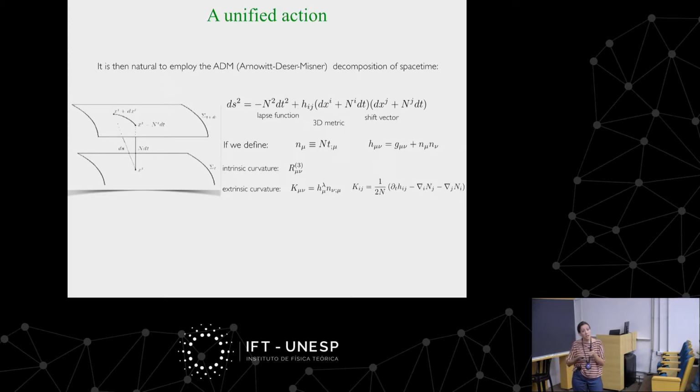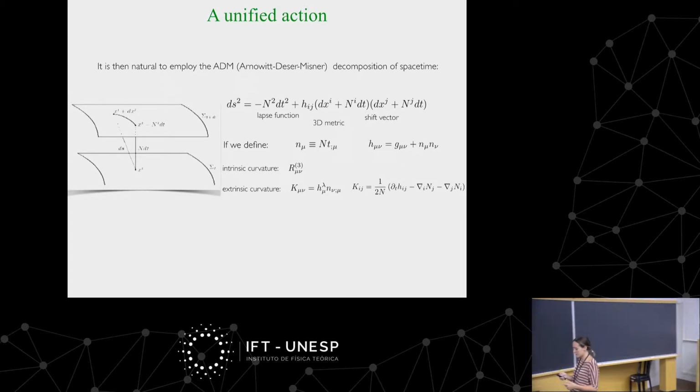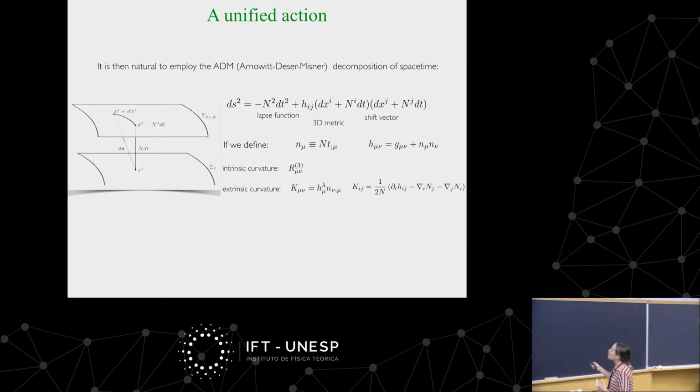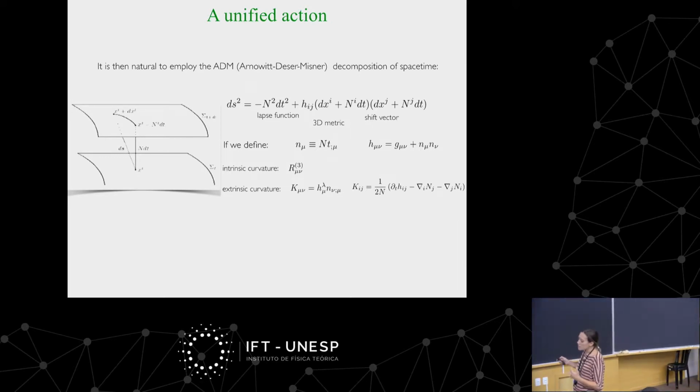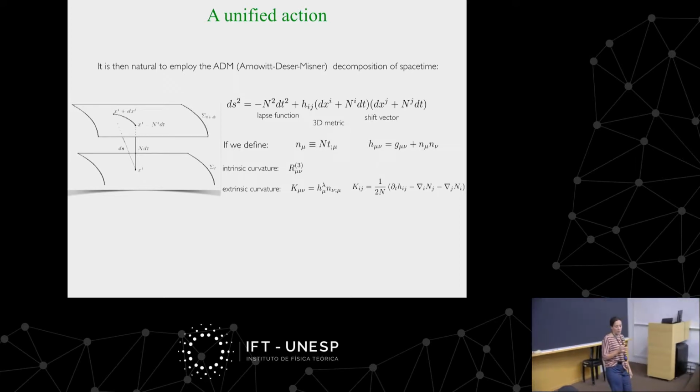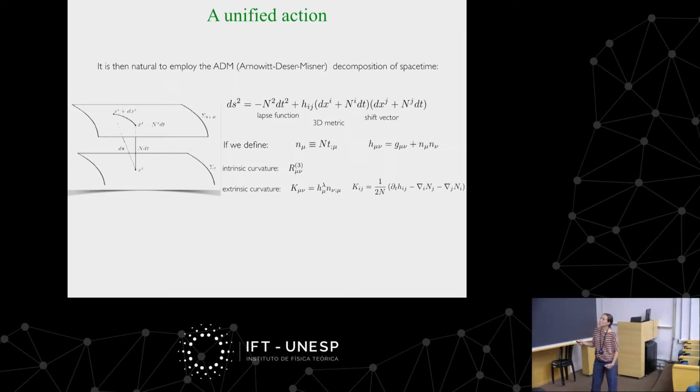But if you roll it up in a cylinder, so you embed it in your three-dimensional space by rolling it up, you give it an extrinsic curvature, just because of how you're embedding it in the higher dimensional space. So intrinsic and extrinsic curvature can be two very different things, and the extrinsic curvature depends on how you embed your hypersurfaces in the four-dimensional spacetime.